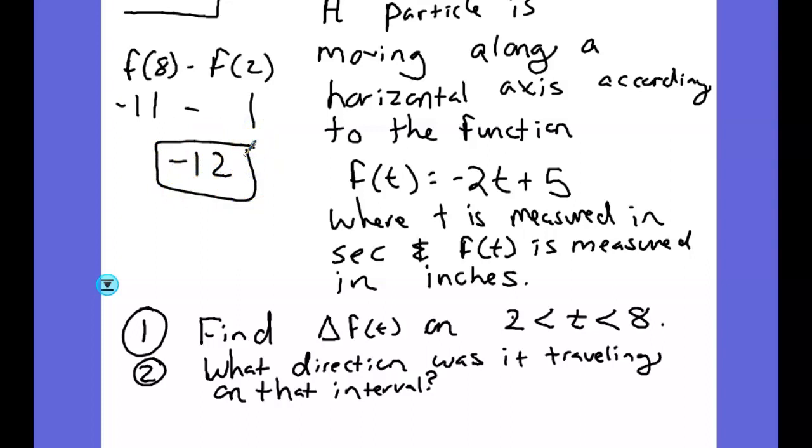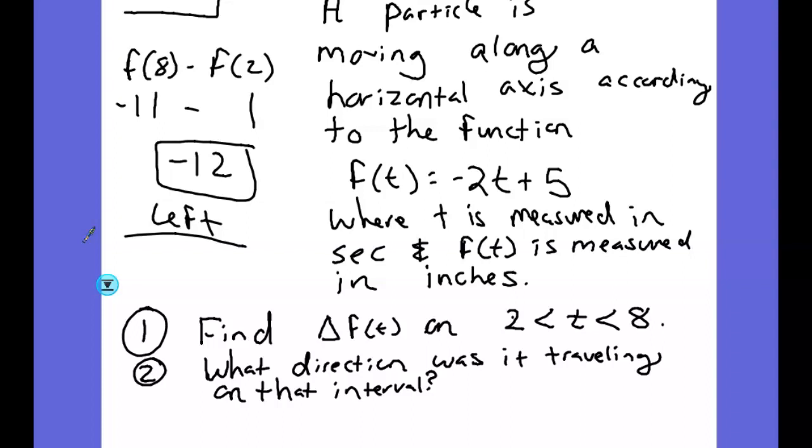Roxanne, what direction was this object traveling then? Left. Okay. Now, here's the thing, guys. I want to make sure that I phrase this correctly. What direction was the object traveling? There's kind of a technical issue here. Don't you guys agree that it's possible? On this problem, this is not what happened.